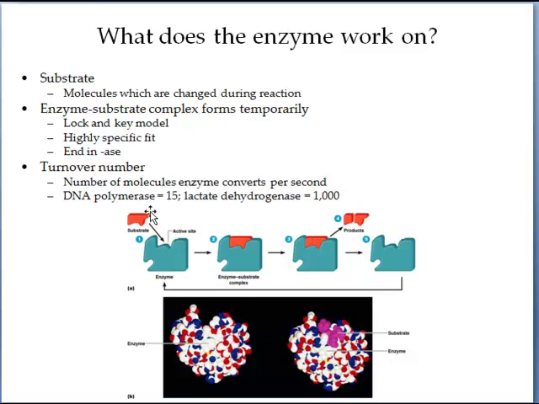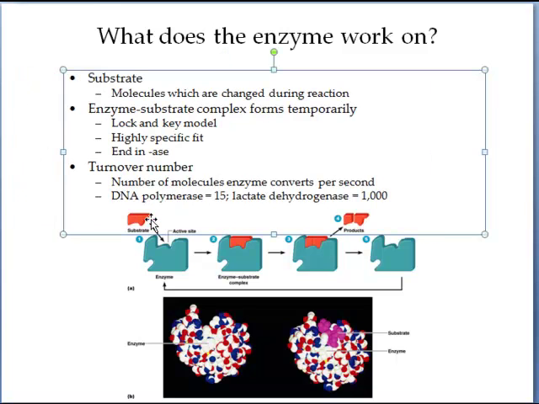Now, this little diagram that is shown to you over here, or the model, I will ask you in a test to draw it out. So make sure you know how to draw this model out. As I said earlier, the names of the enzymes are going to end in ASE, as we can see over here. The turnover number is the number of molecules that the enzyme will convert per second.